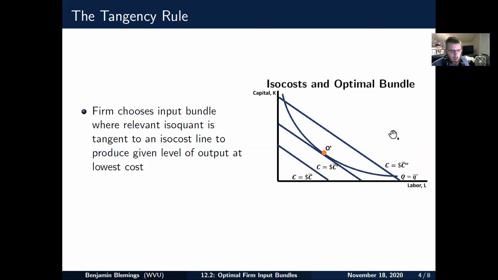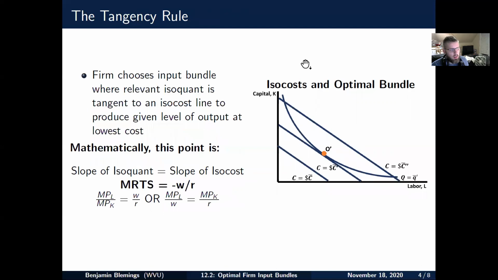And so we can see here, mathematically, this point, like I've told you, is this marginal rate of technical substitution, which is how our output changes as we change inputs slightly, equals the ratio of the prices.